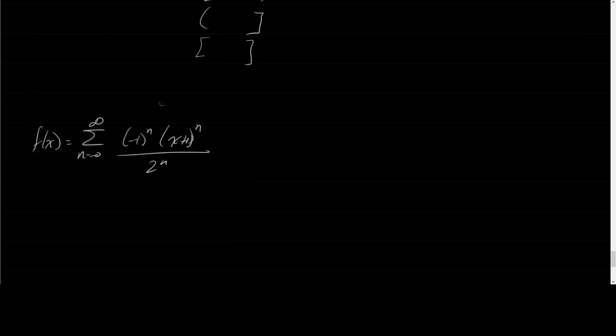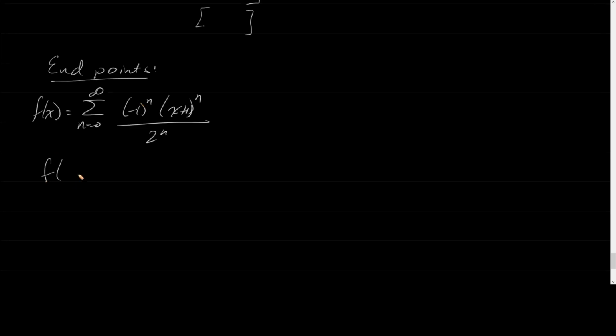So endpoints. No, let's put that a little higher. So what were the endpoints? The endpoints were -3 and 1. So let's figure out what happens at -3. So f of -3 would be the series from n equals 0 to infinity of -1 to the n times -3 plus 1. -3 plus 1 is -2.